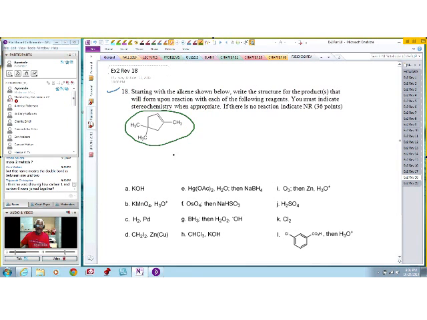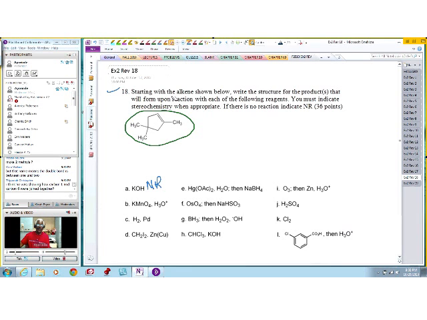Let me tell you right away, if you have a carbon-carbon double bond and you have potassium hydroxide or sodium hydroxide, this reagent does not react with a carbon-carbon double bond, at least based on your knowledge of organic chemistry at this point. So I will say no reaction for this.